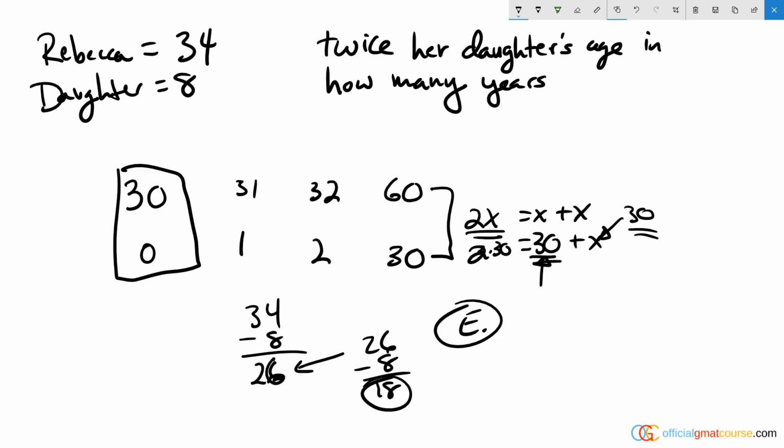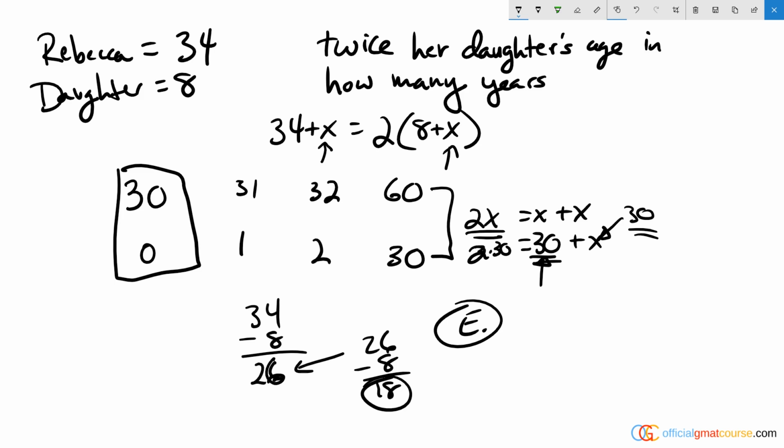Now, another way of doing this is the more technical way, which is to say, if Rebecca is twice as old as her daughter in X years, Rebecca's age would be 34 plus X. Her daughter's age would be 8 plus X. And if Rebecca is twice as old as her daughter, our formula looks like this. So you have to remember that they're both aging at the same rate.